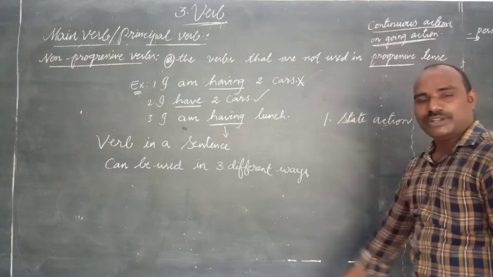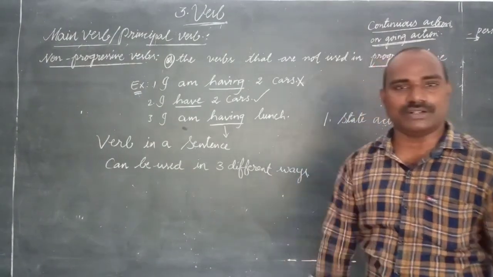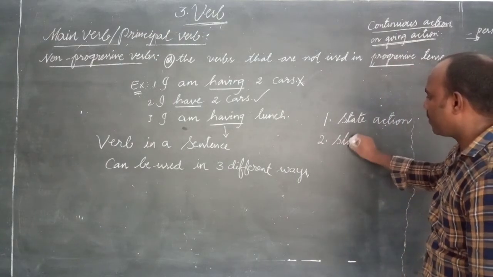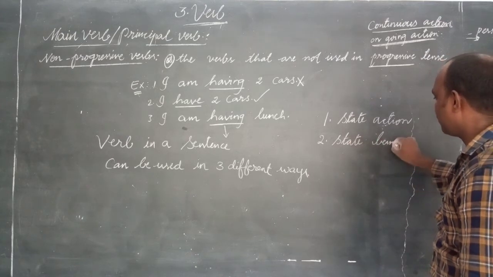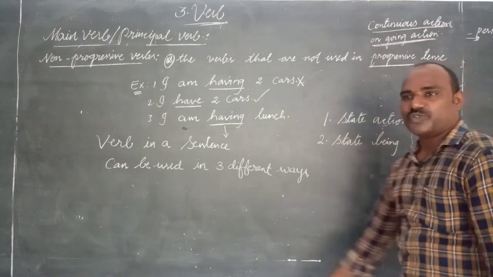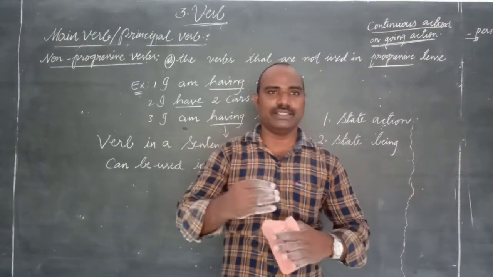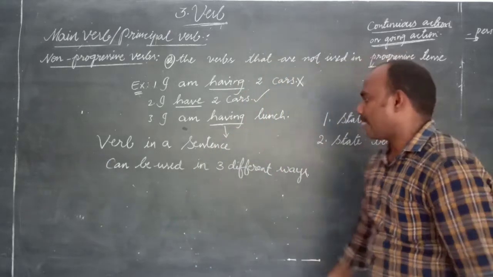State of action means when there is an action in the verb. The second one is state of being. State of being means the state of something or someone, telling their condition. There is no action.